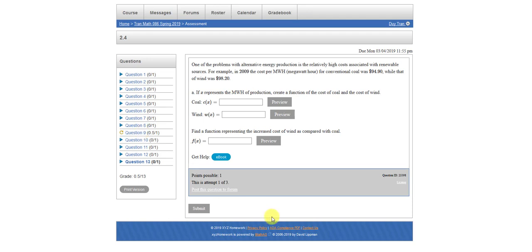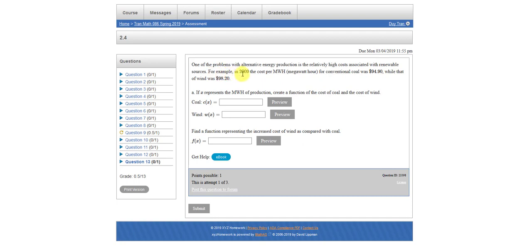Okay, the last example here I have for you for section 2.4. One of the problems with alternative energy production is the relatively high cost associated with renewable sources.